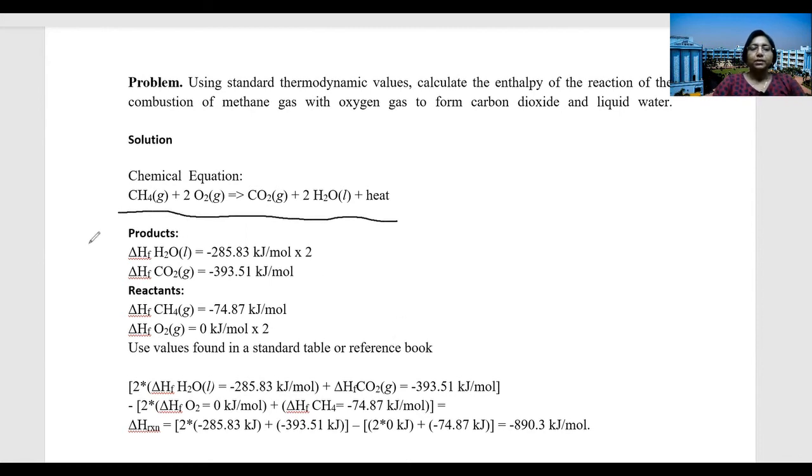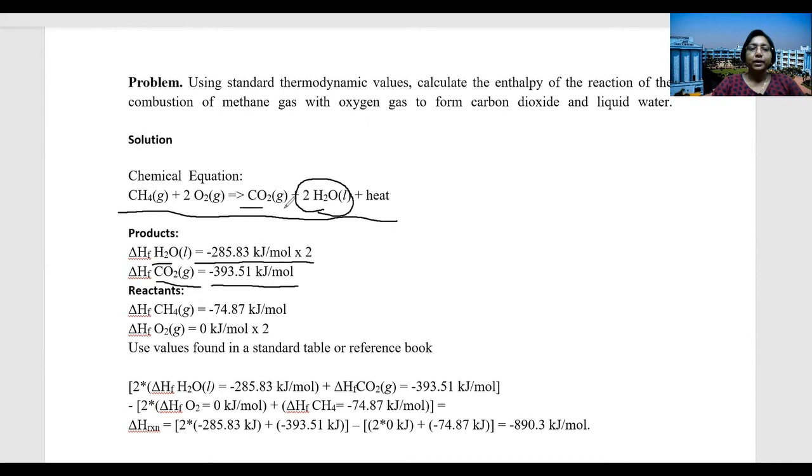So here the enthalpy for each reactant and each product are given. Okay, so the enthalpy for H2O is given as minus 285.83. You have to multiply by 2 as it is 2H2O. Next, for the product CO2, the enthalpy value is given, that is minus 393.551 kilojoule per mole.